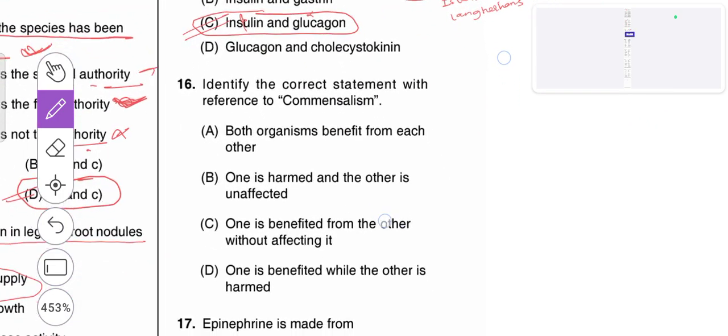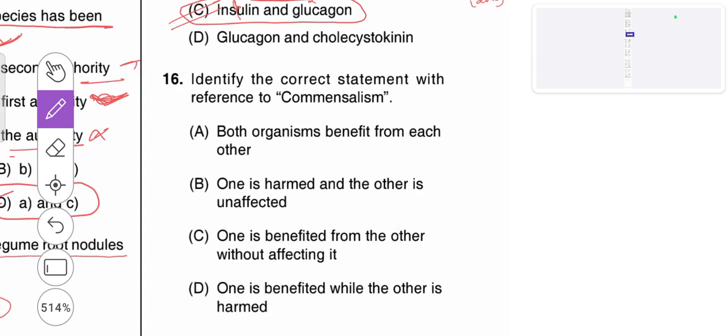The next question, sixth one, sorry, 16th one: identify the correct statement with reference to commensalism. What is this commensalism? Where one is benefited from the other without affecting it.